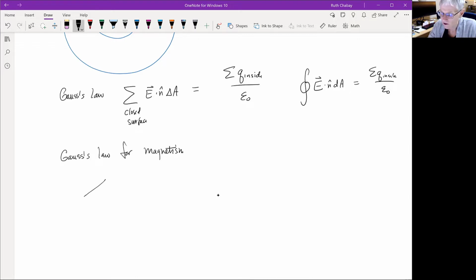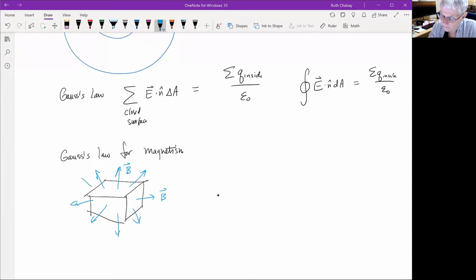So suppose we had a box, like our box, and we measured magnetic field all over it with a Hall effect probe or whatever. So suppose we got that measurement. What would be inside the box? Well, magnets are dipoles, right?